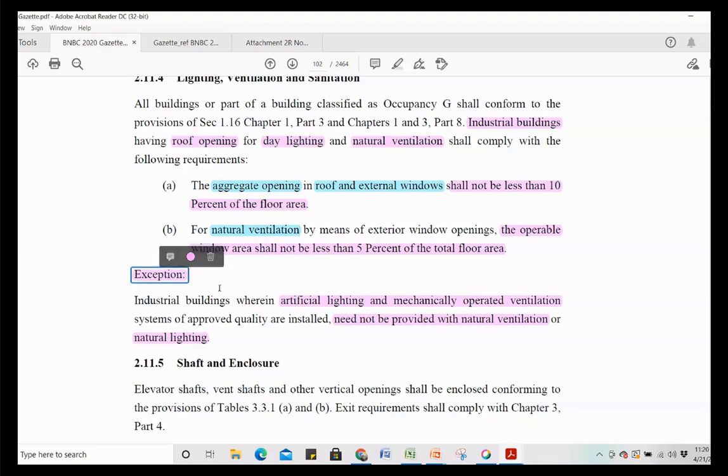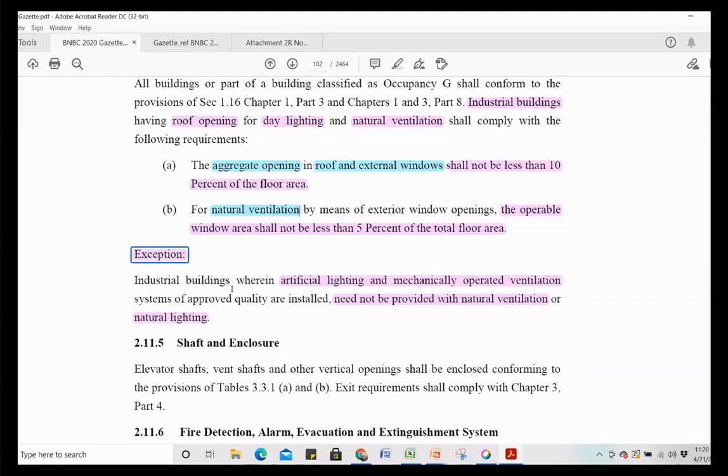So there are exceptions. The clauses are here. Maybe there are some industries that don't require natural ventilation and rely on an artificial environment more. So for that special situation, this exception is made. It says that an industrial building wherein artificial lighting and mechanically operated ventilation systems of approved quality are installed need not be provided with natural ventilation or natural lighting.